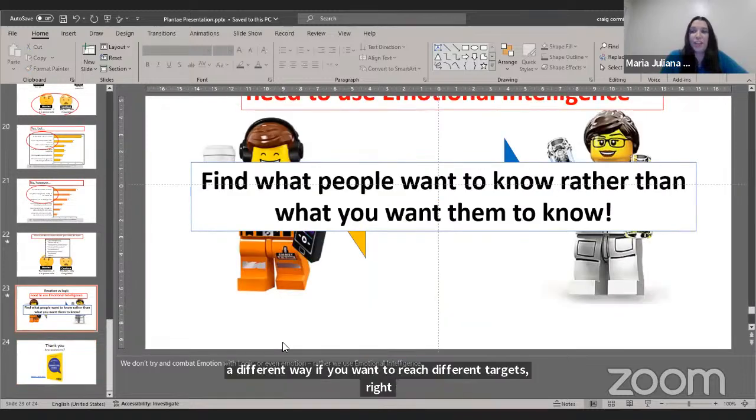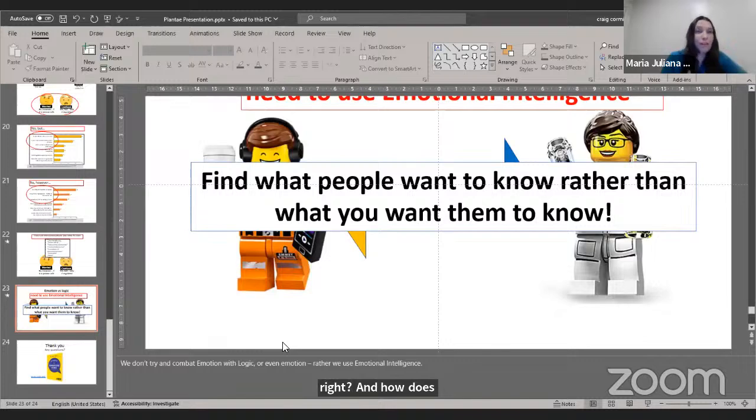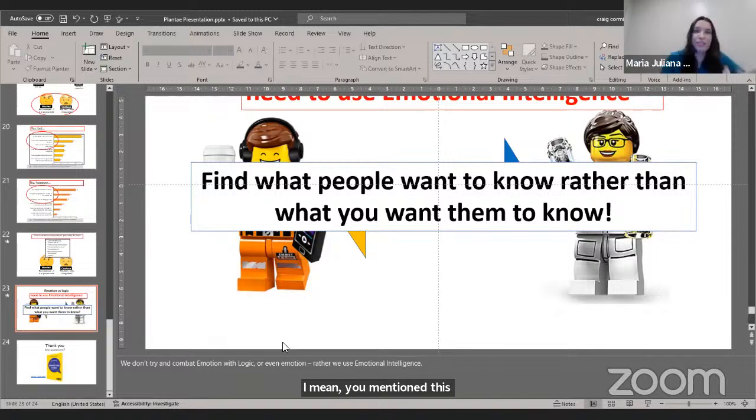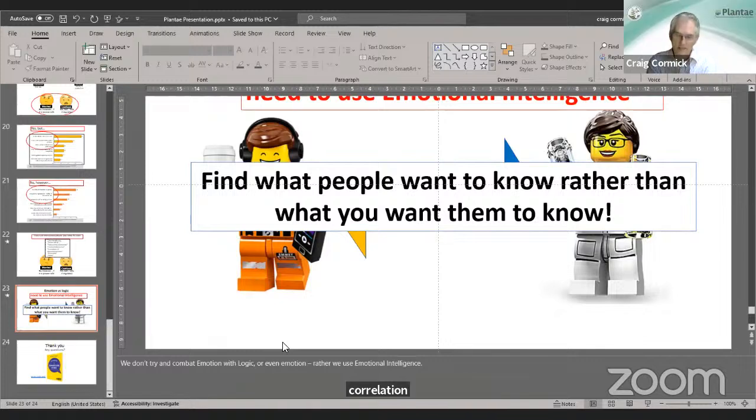And how does age affect whether people are polar bears and penguins? I mean, you mentioned this, and is there any correlation between age or different characteristics? There's a minor correlation between age and gender when it comes to certain technologies.